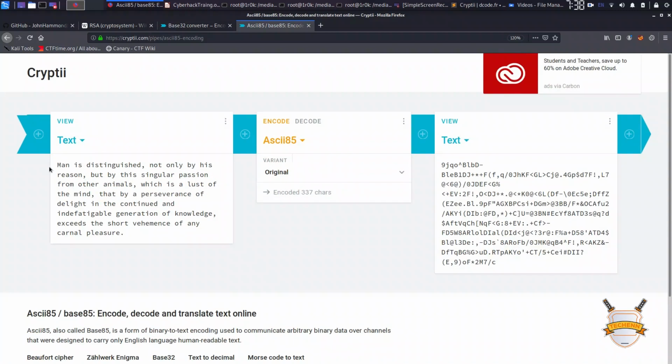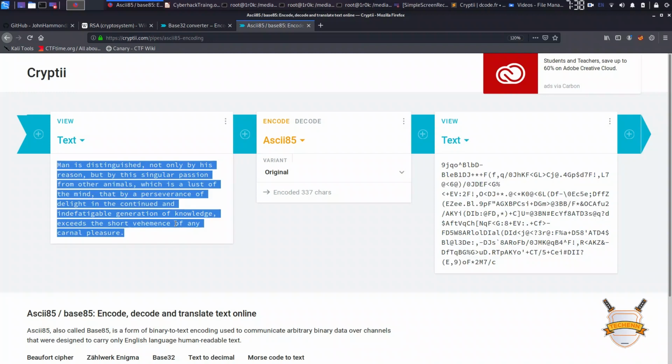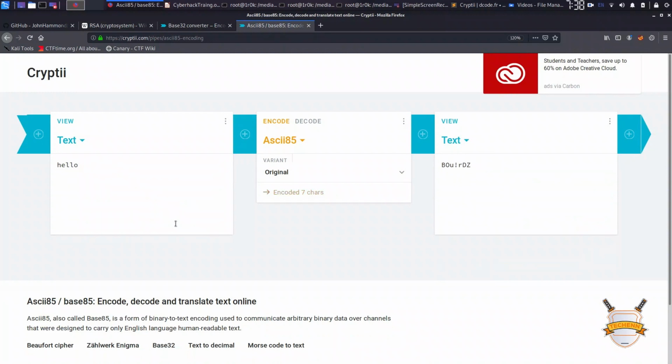This is our plain text: Man is distinguished not only by his reason, but blah blah blah. And here you can see the cipher text which we got is pretty weird, no one could understand what it means. Okay, so hello123 gives us this.